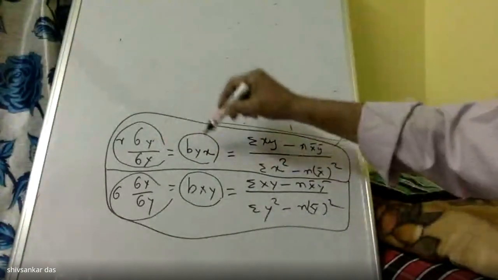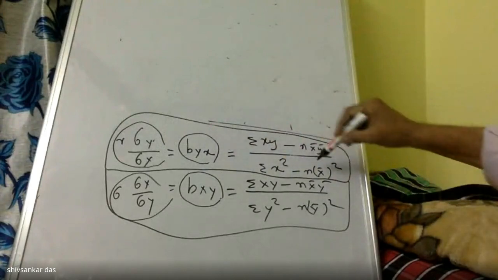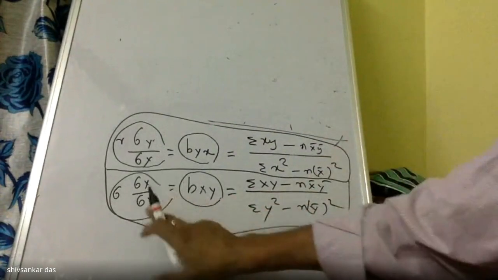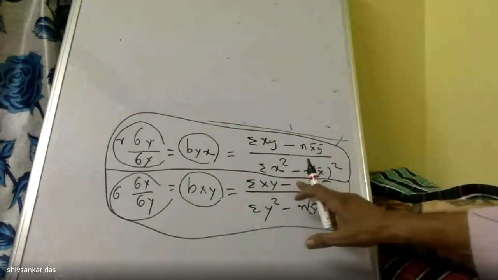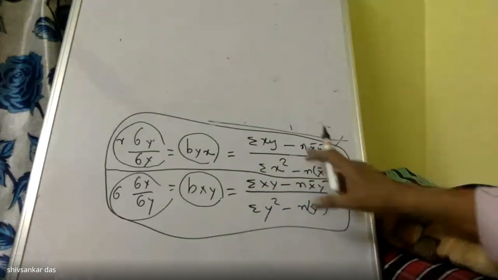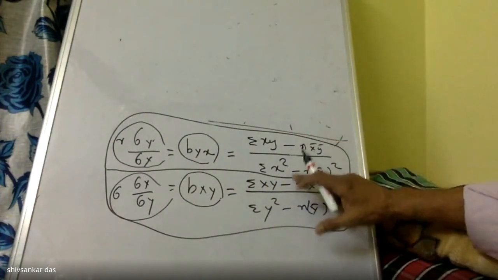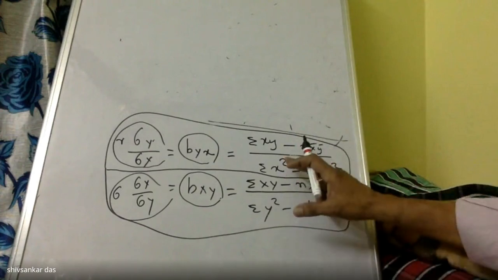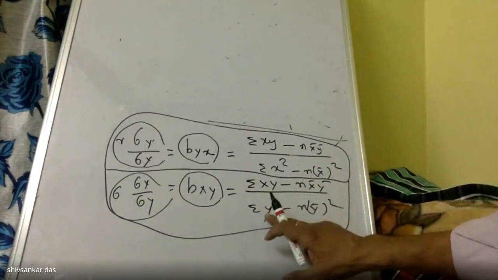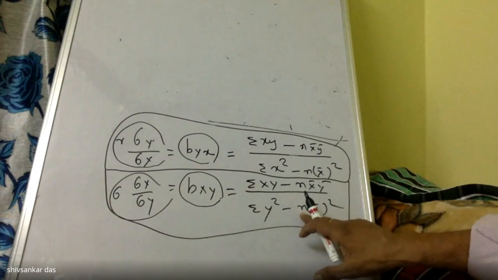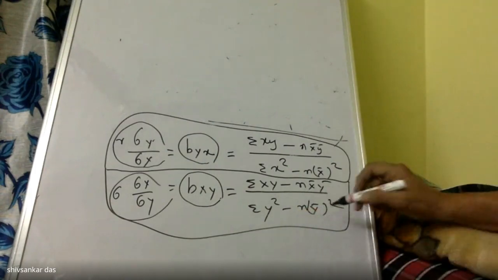Similarly, for x on y, the numerator is the same, summation of xy minus n x bar y bar. In the denominator, instead of x, it will be y: summation of y square minus n y bar square.